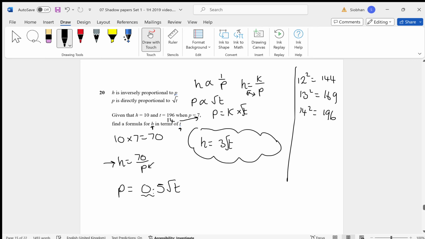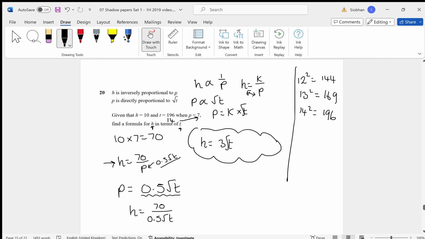And that's where we're going to use this equation underneath, because it tells us exactly what P is in terms of T. So what we want to do is to take out that P and just put in what it equals, which is 0.5 root T. So rewrite that out, and we have 70 over, and P equals 0.5 root T. Now we can't leave it like that because we've got a decimal in a fraction.